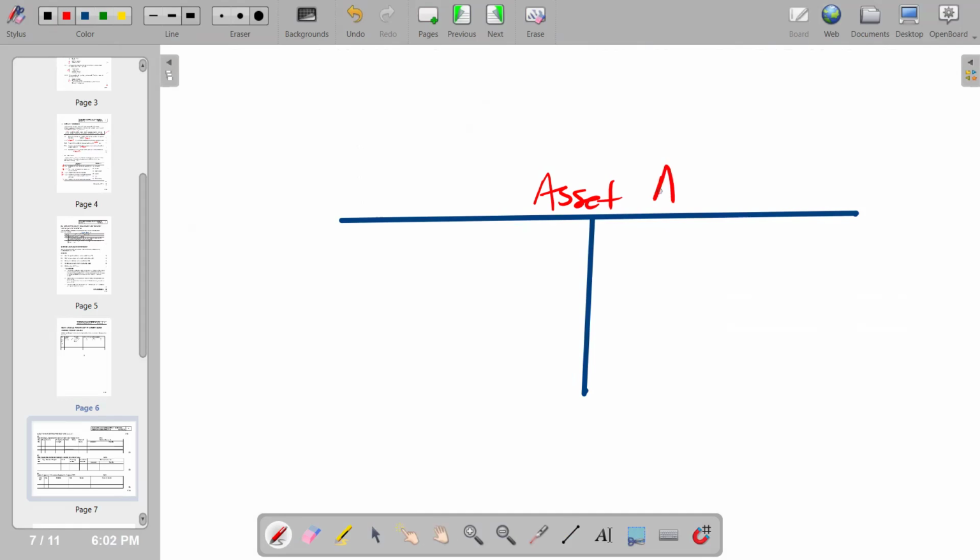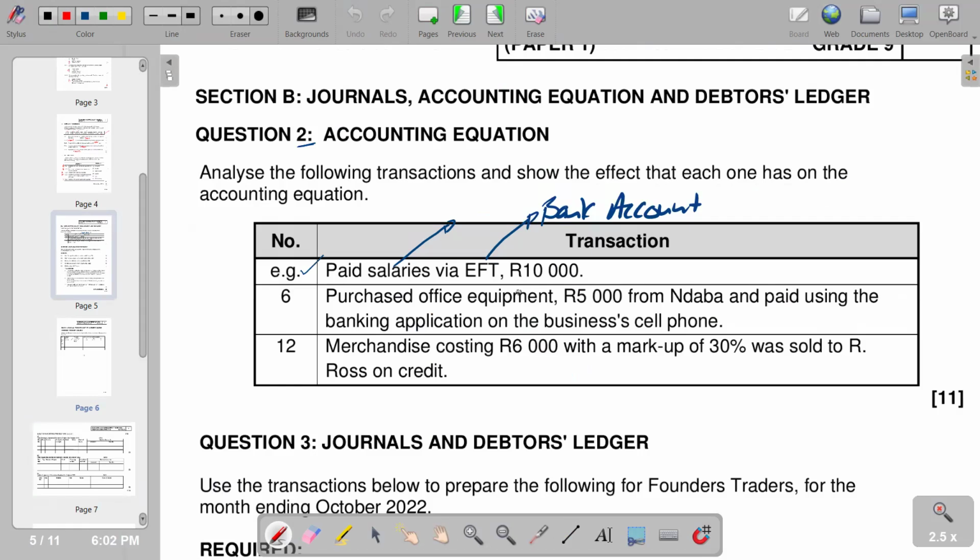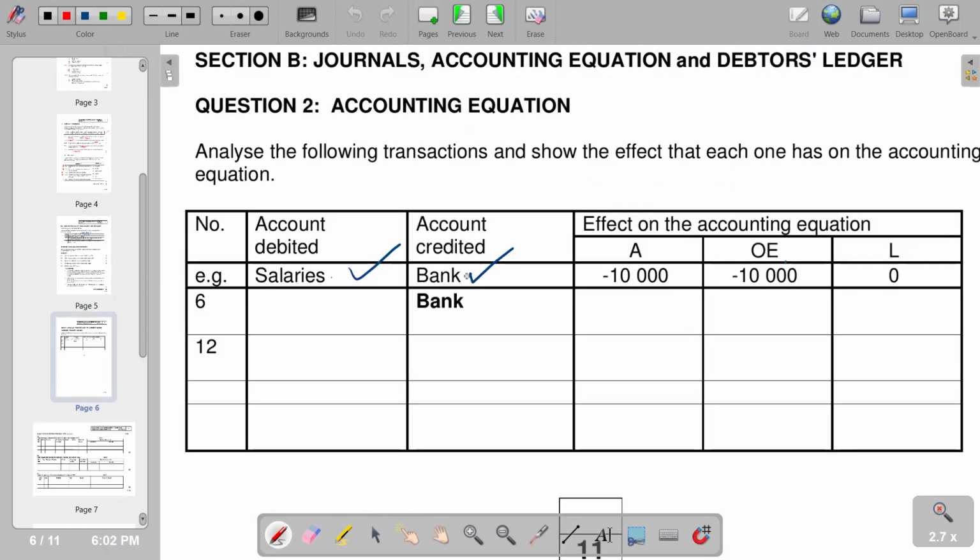Whenever we have an asset account, in this case the bank account as an asset, when we debit, it's a plus on the accounting equation. When we credit, it becomes a negative. So we are crediting an asset in the form of the bank, and we show it as a negative on assets.